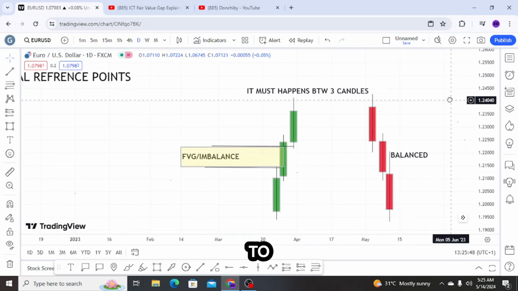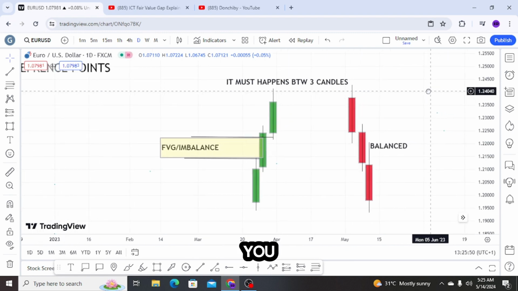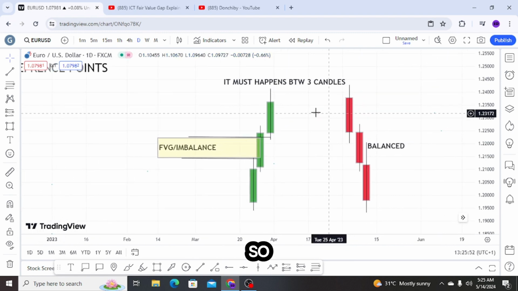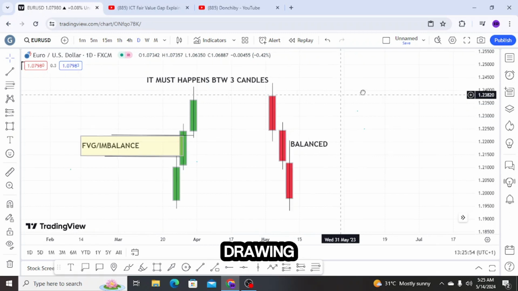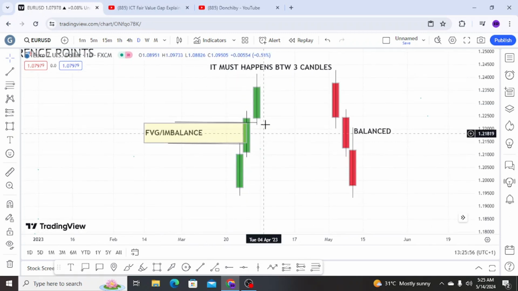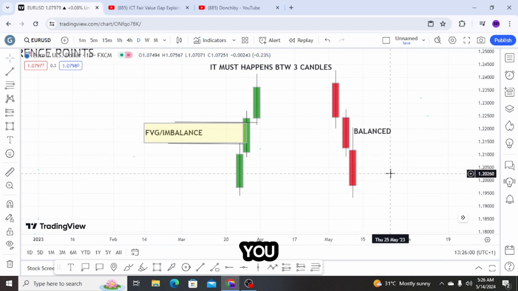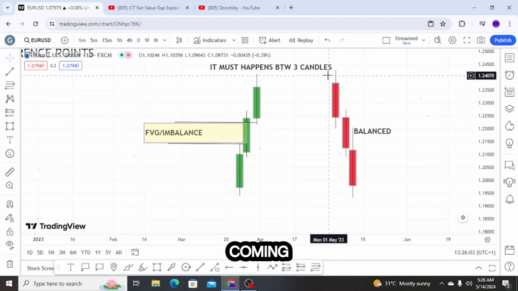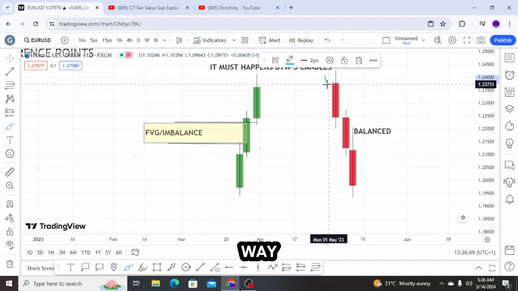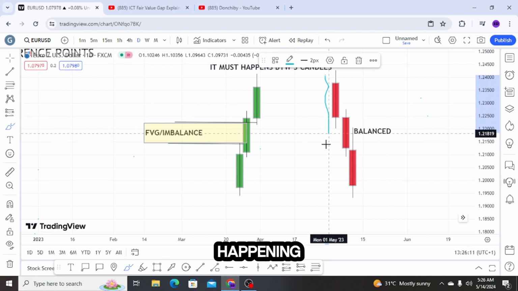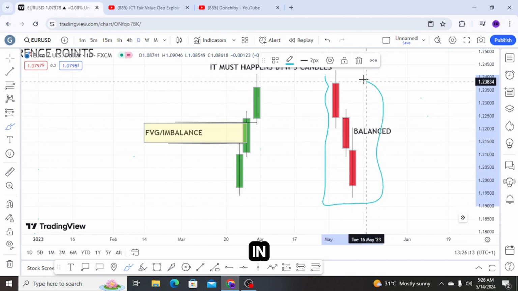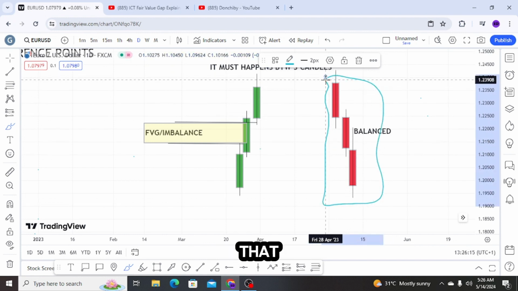Now this is to let you understand what you are doing. As you can see, this is my drawing on the chart. Let's choose this particular red one for example. You can see that the market is coming from up to the bottom, from up here down this way. In this price action it is balanced.